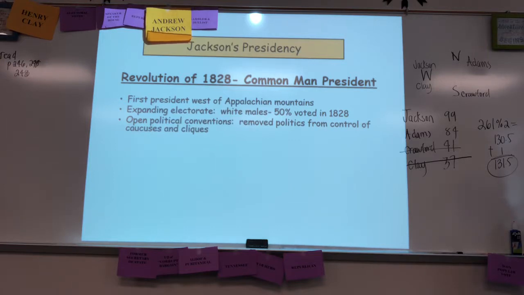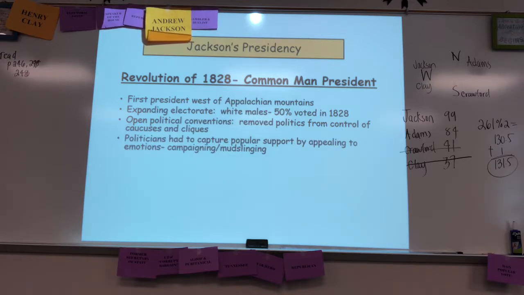But now these political conventions move those caucuses, move those rich cliques out, and the people get to choose. So y'all probably saw 2 years ago when Donald Trump got elected by the Republicans at their political convention. And Hillary got elected by the Democrats at their political convention. It wasn't some rich people deciding it. It was the party who got to decide it. Okay? That's why it's considered a revolution.